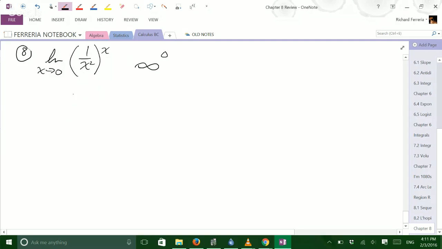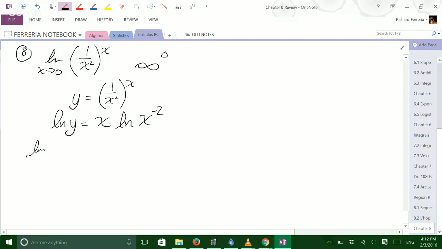Okay, so we take our y. y is equal to our function, (1 over x squared) to the x power. We take a natural log of both sides. We simplify the right side a little bit too. 1 over x squared is x to the negative 2 power. Then we apply a limit.